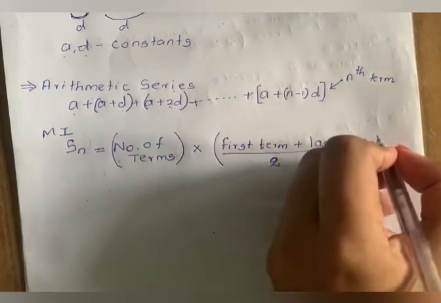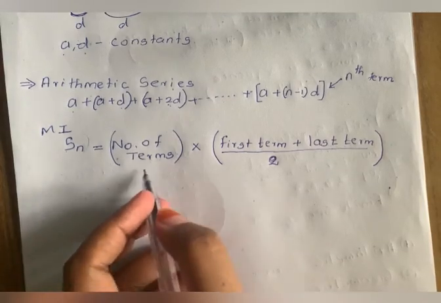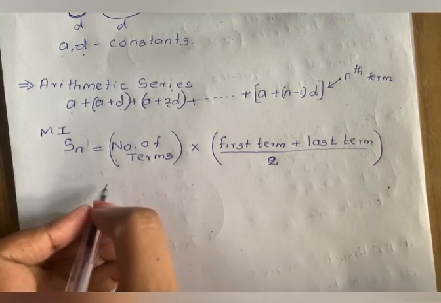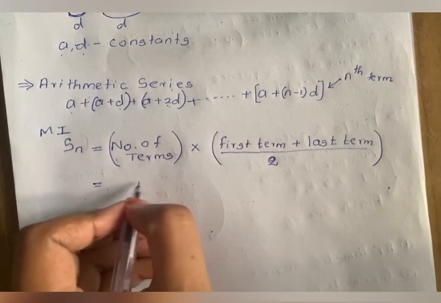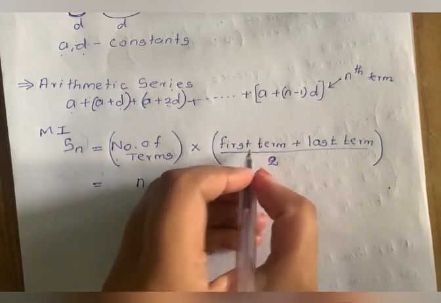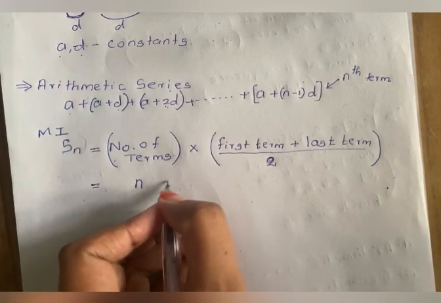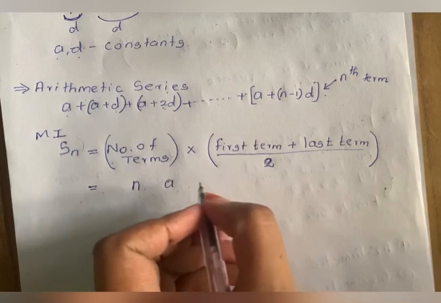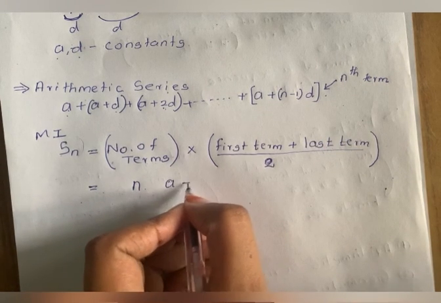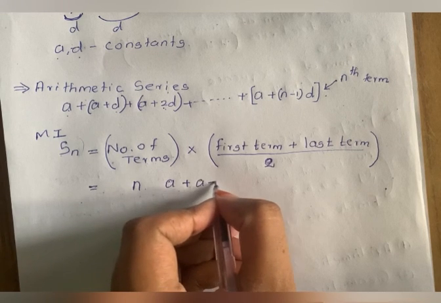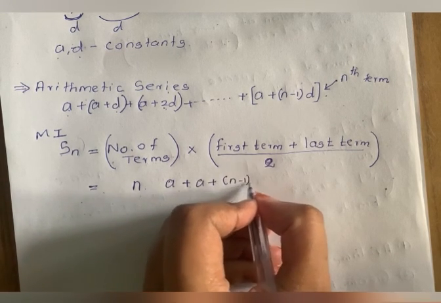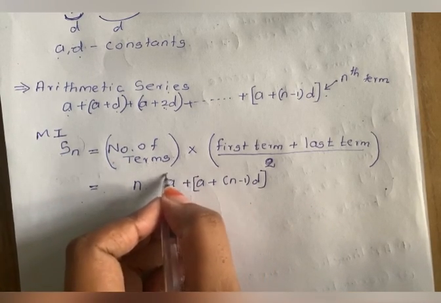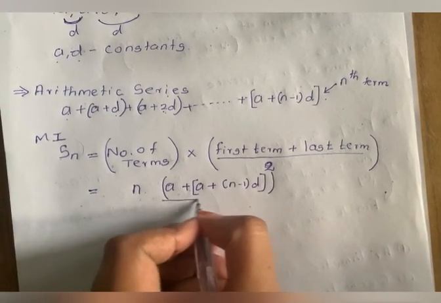This is one method to find the sum of n terms. If we substitute the values, the number of terms is n, the first term is a, and the nth term is a plus n minus 1 d, which we add to a, and divide the whole thing by 2.